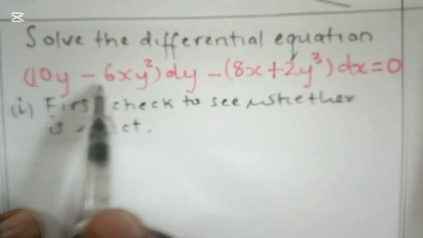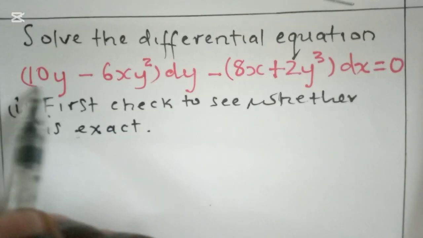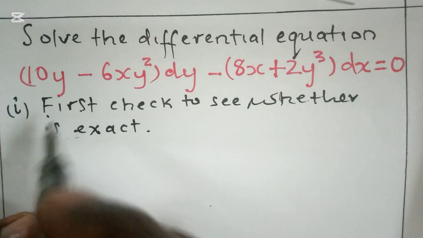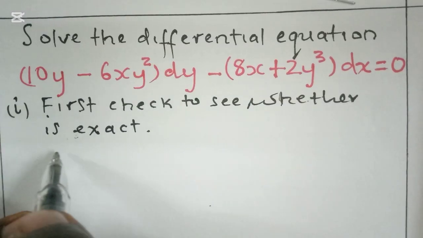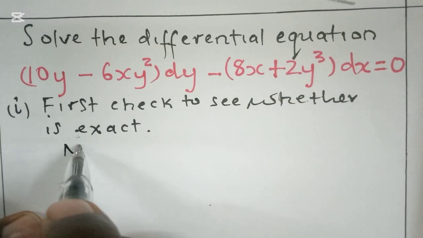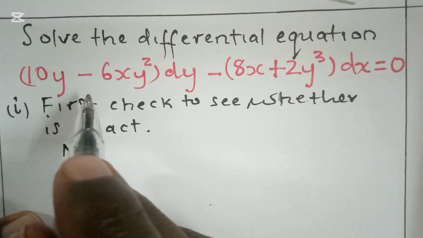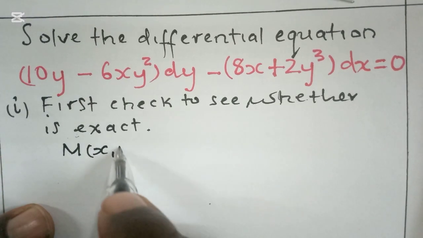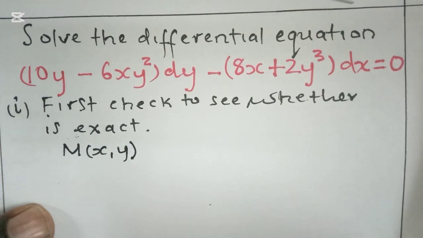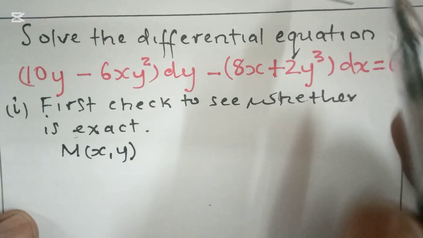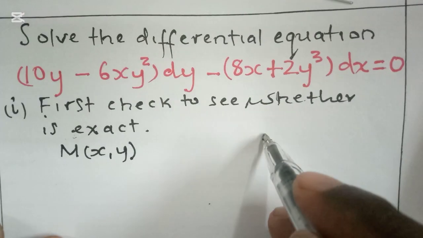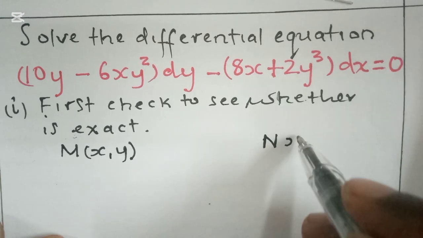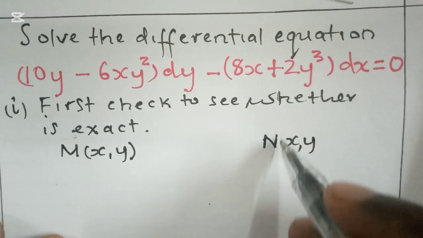We give the first function here the name M. Let's give it M. This first function we give it M(x,y), and the second function we give it N(x,y), like that.